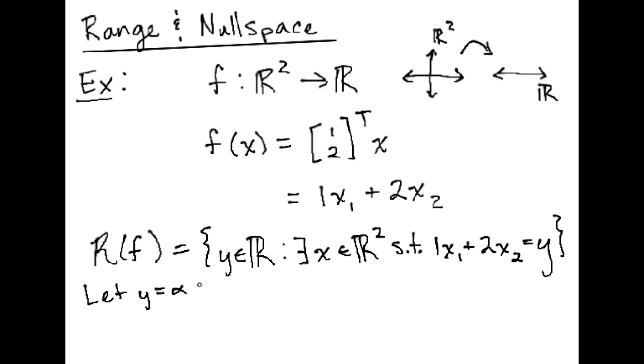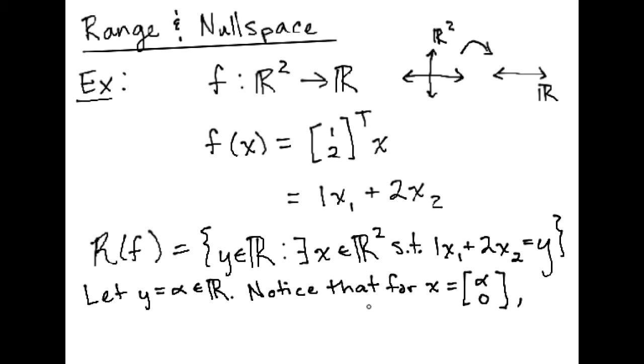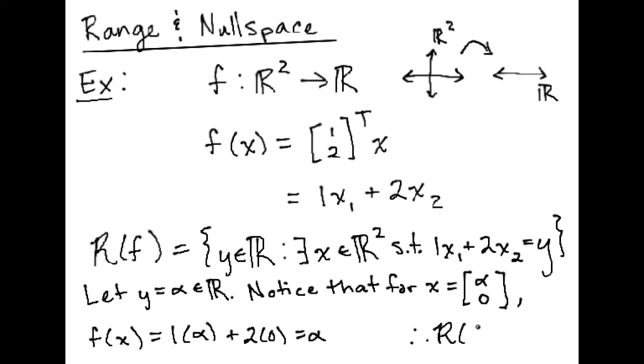So if we let y be an arbitrary element of R, then we can notice that if we pick x to be equal to alpha, 0, then f of x is simply going to be 1 times alpha plus 2 times 0, which is alpha. So we have found an x that maps to y for any real number. Therefore, the range of f is equal to all of R.